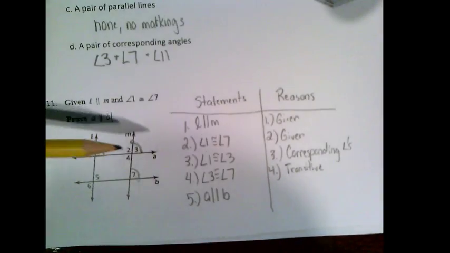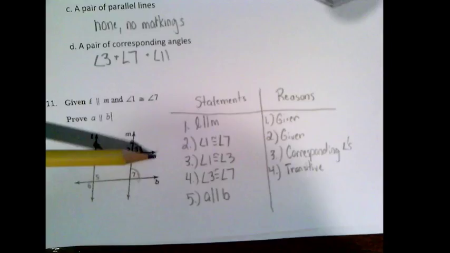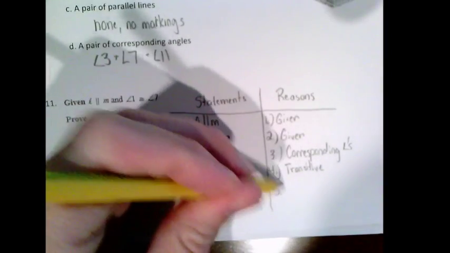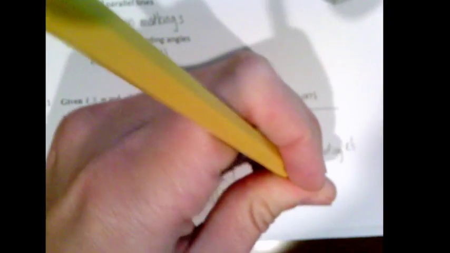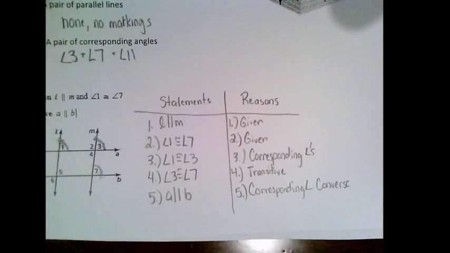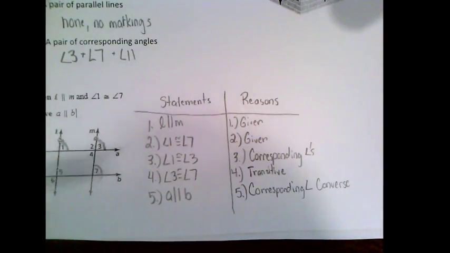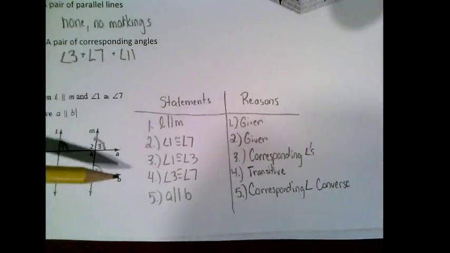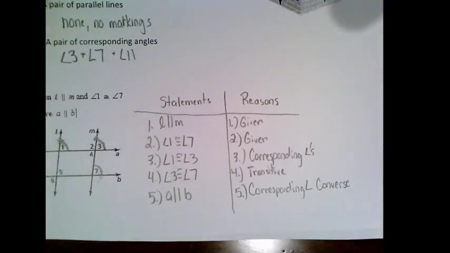But if I say, if the angles are congruent, then the lines are parallel, the actual answer to this is the corresponding angle converse. The reason it's the converse is because I know that these angles are equal, so now I know those lines are parallel. If I say the lines are parallel, then I know the angles are congruent, then that's corresponding angles. That's kind of the way to look at that.